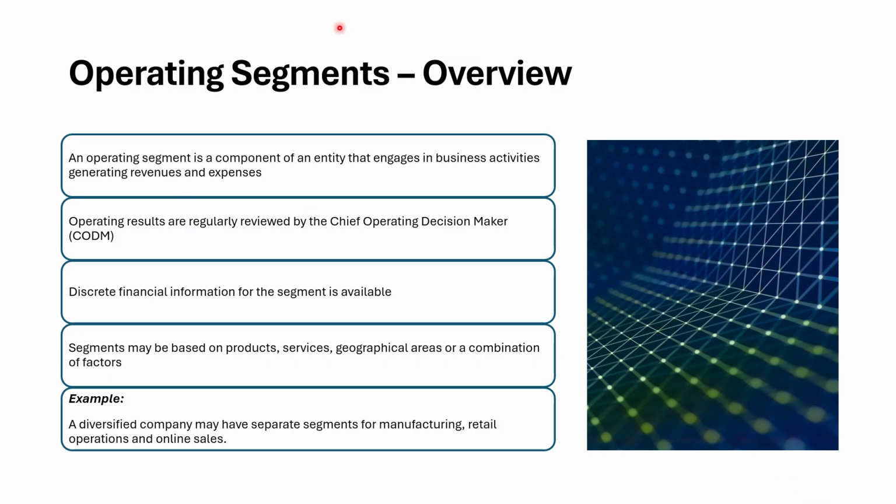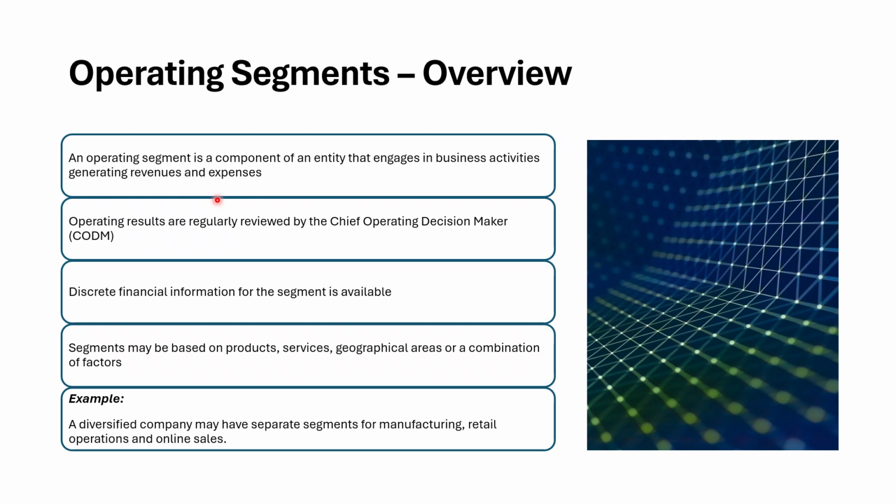Okay, so the term operating segments, let's get an overview of it. An operating segment is a component of an entity that meets all the four conditions shown on the slide. First, it engages in business activities from which it may earn revenues and incur expenses. This means it is actively involved in operations, not just a passive unit.